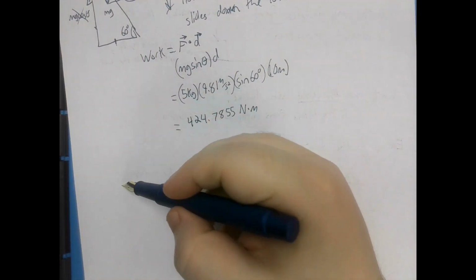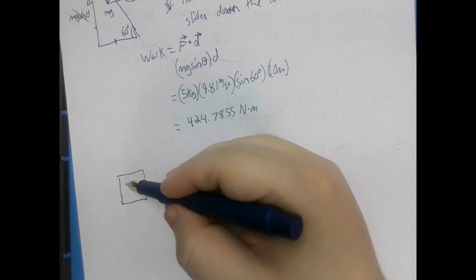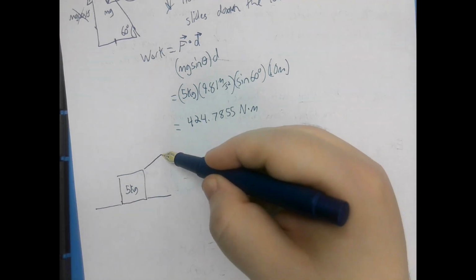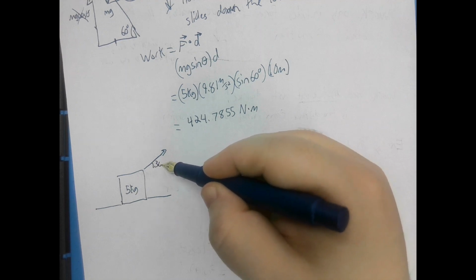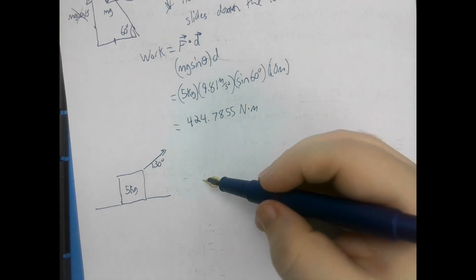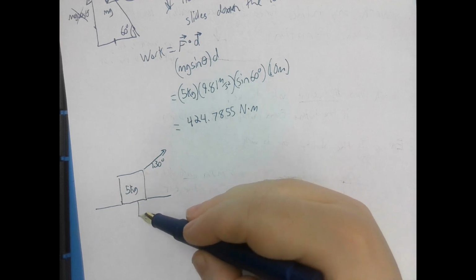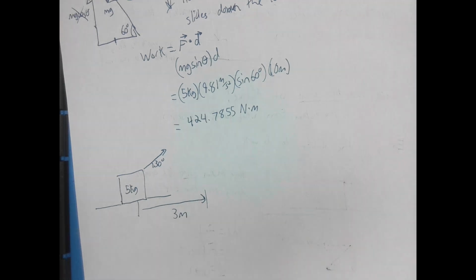So let's do another. Let's say that you have, so actually do that problem. We have a box, like 5 kilograms. Let's say we have a string pointing up at, let's make it 30 degrees, like this. And we carry it for a distance of 3 meters.